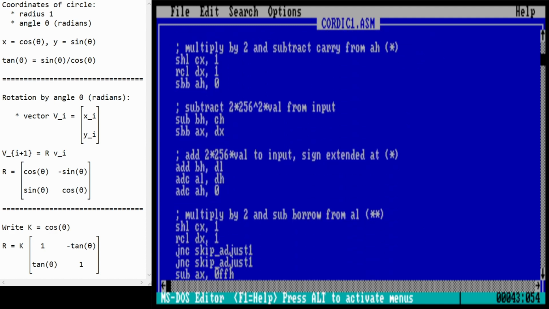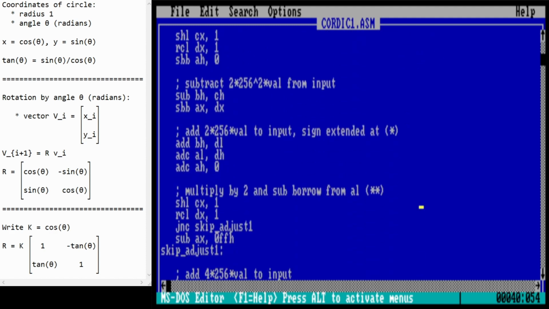Now I actually couldn't find a really nice way to do this in assembly language, so first of all we do our shift left by an additional bit, so now we have 4 times our input. That's handled here, and again the carry will be set if that input was negative. So if there's no carry, there's nothing to do, there's no sign extension to worry about, so we just jump over this.